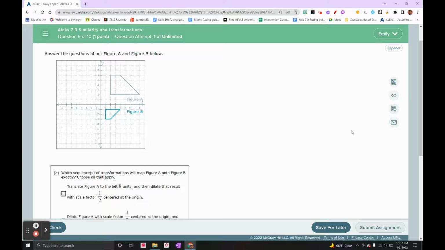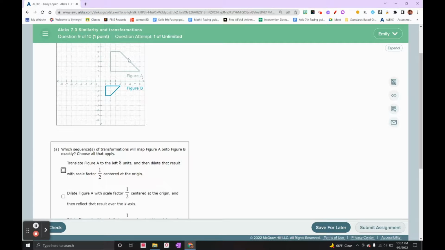Problem 9. Answer the question about figure A and figure B below. Which sequences of transformation will map figure A onto figure B exactly? Choose all that apply. Translate figure A to the left 8 units.